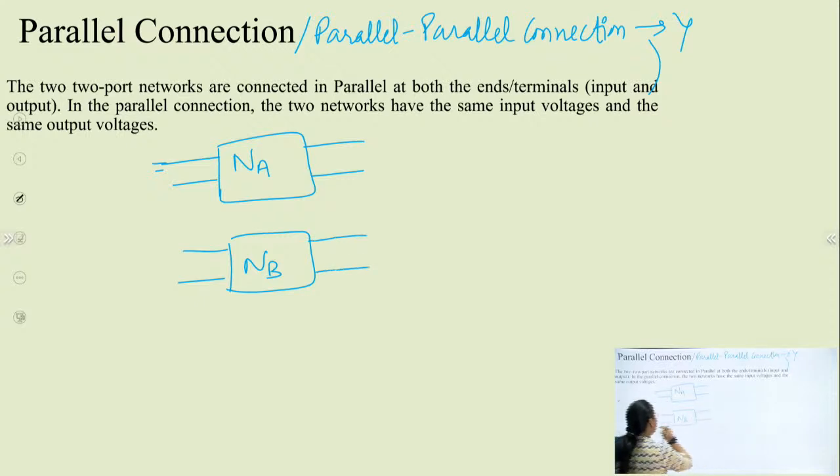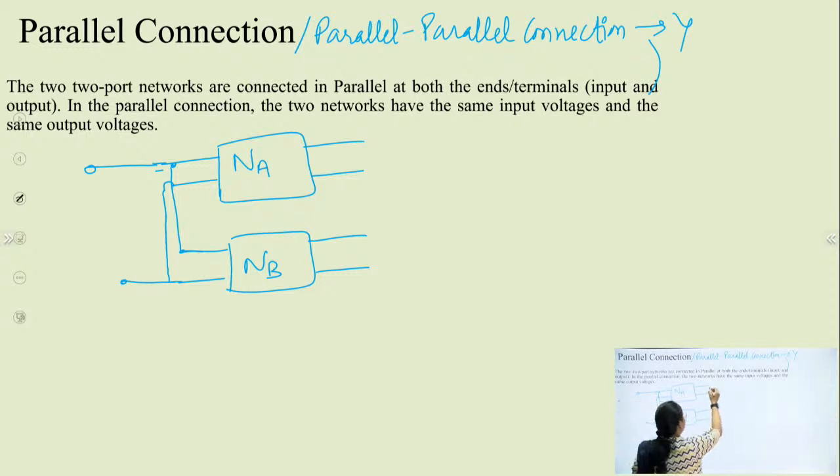So here, how will the connections be? The upper terminal of network A will be connected to the upper terminal of network B, and the lower terminal of network B will be connected to the lower terminal of network A, right?